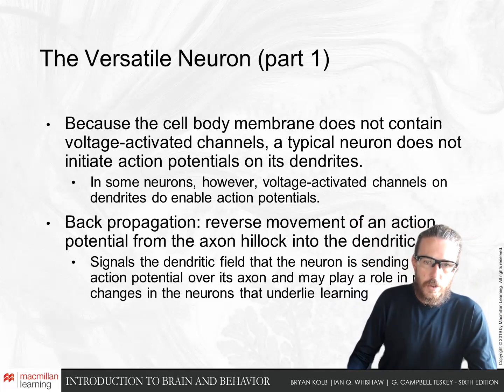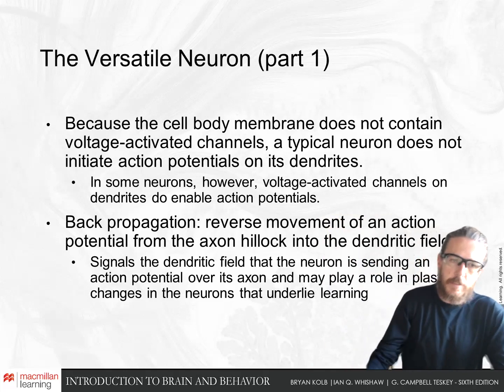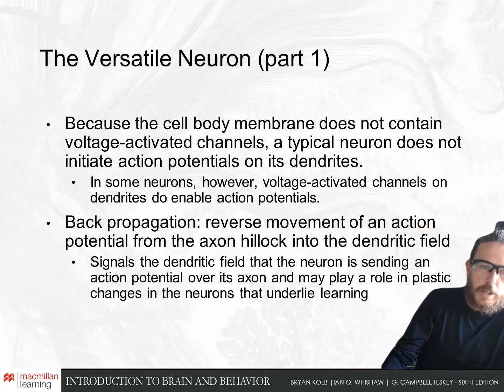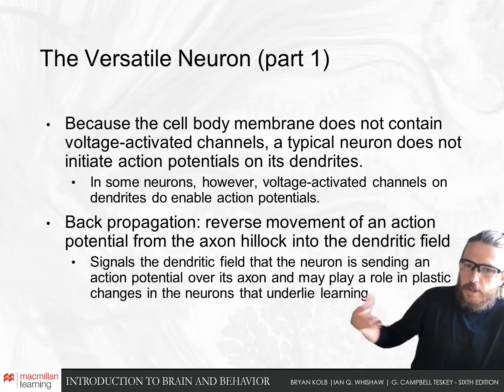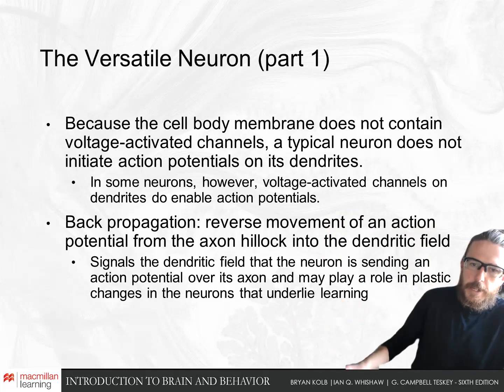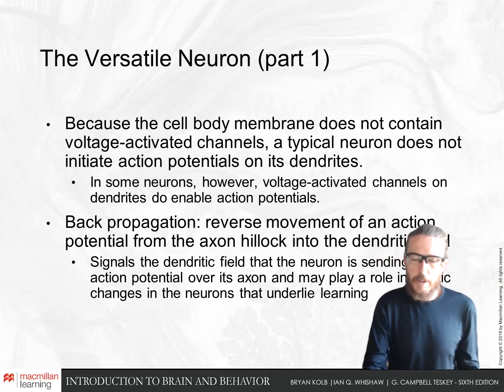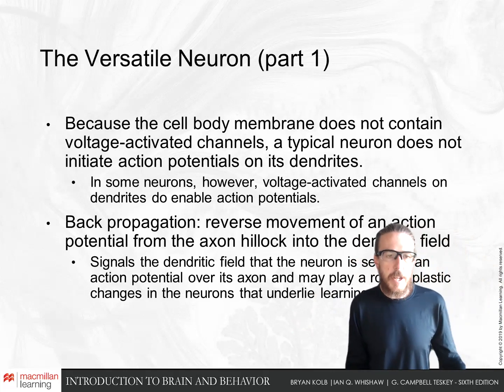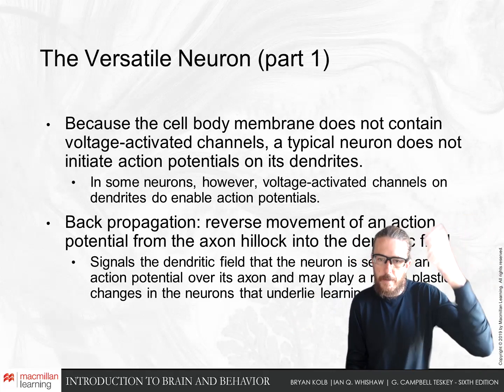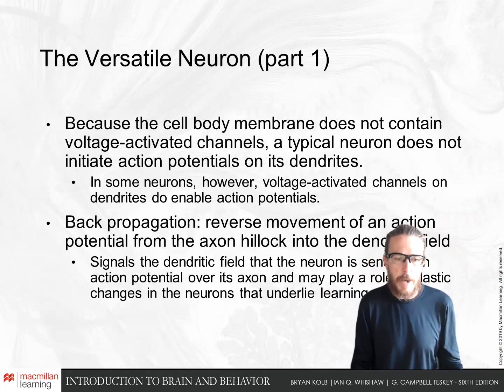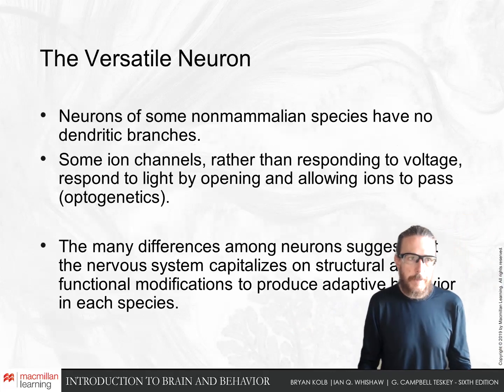So this could send an action potential from the axon hillock up into the dendrites, and these could signal to the dendrites that that neuron is currently sending out an action potential, and it might help play a role in the plasticity of neurons in learning by telling previous neurons whether their vote counted or not, just like the feedback we all got from the election yesterday.